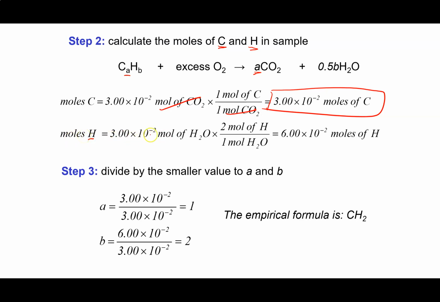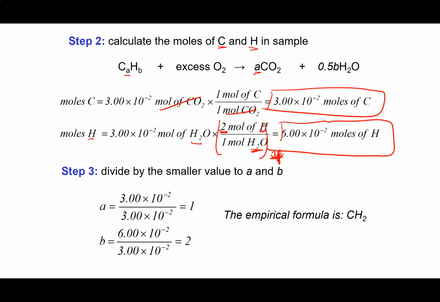So I had 3 by 10 to the minus 2 moles of water molecules, and I have to remember that there are 2 moles of hydrogen for every 1 mole of water. And this is forgotten all the time. So in my compound, I have 6 by 10 to the minus 2 moles of hydrogen.